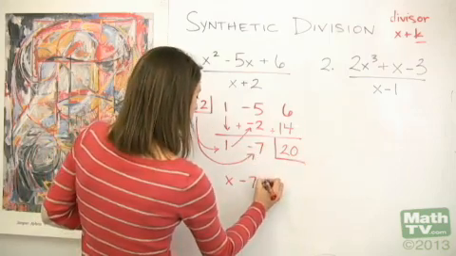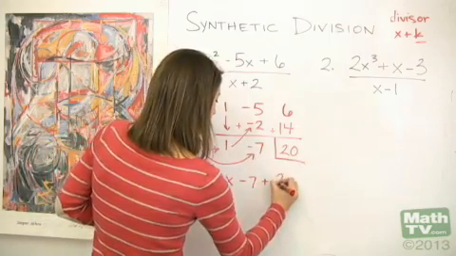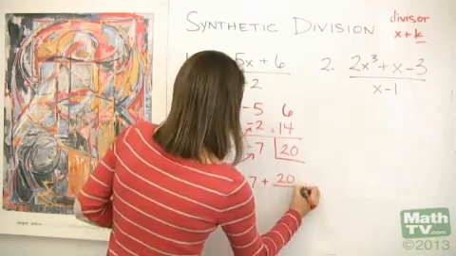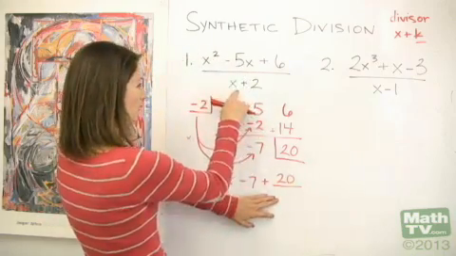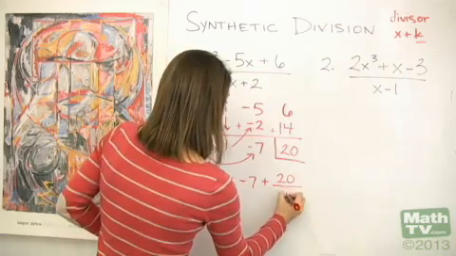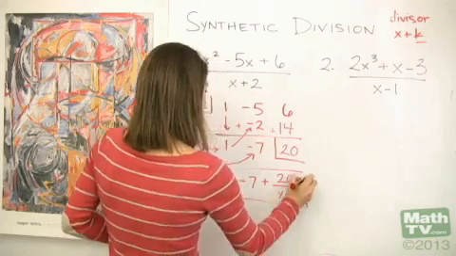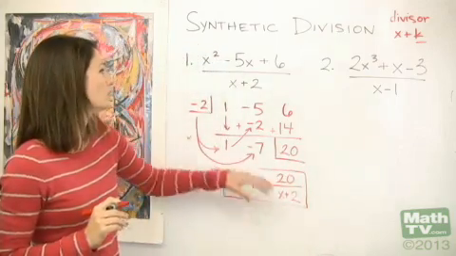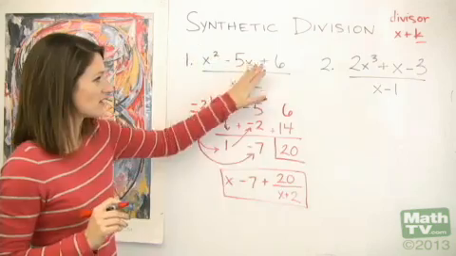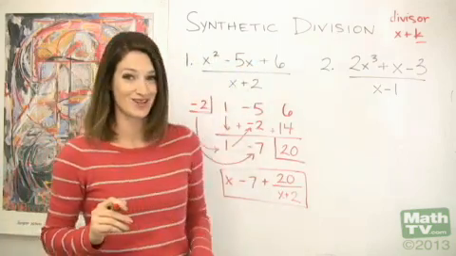And then our remainder looks like this. We add, and we have a fraction where it's 20 over our divisor, x plus 2. And here's our answer. So this is the answer when we divide x squared minus 5x plus 6 by x plus 2.